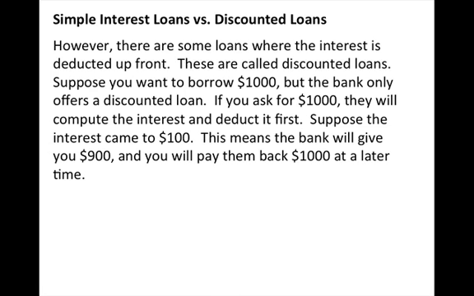So suppose the interest came to $100, then this means instead of the bank giving you the $1,000, the bank is going to subtract that $100 and give you $900, and you're going to have to pay them back $1,000 at a later time. So if you ever have to get a discounted loan and you've got a certain dollar amount in mind that you need to borrow, the loan amount is always going to have to be more than the amount you actually borrow because they're deducting the interest up front.